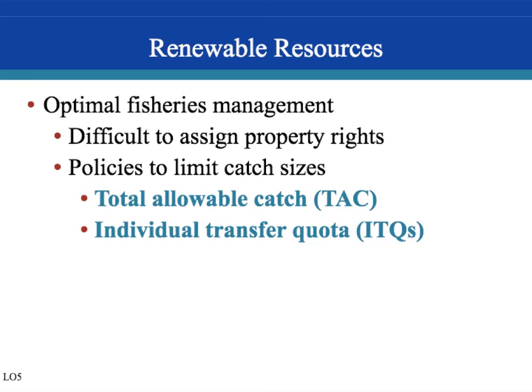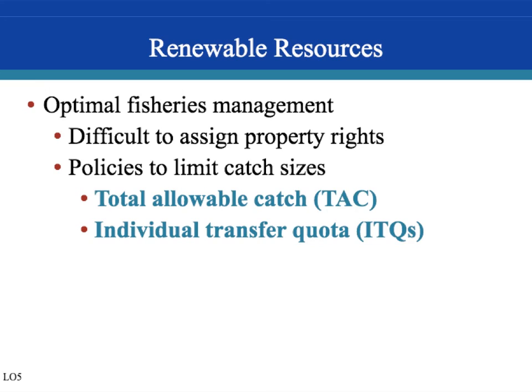And once the individual catches that and fulfills their ITQ, since they're smaller quotas, usually they don't need the bigger, more technologically advanced, expensive boats. They can have smaller, more efficient boats.